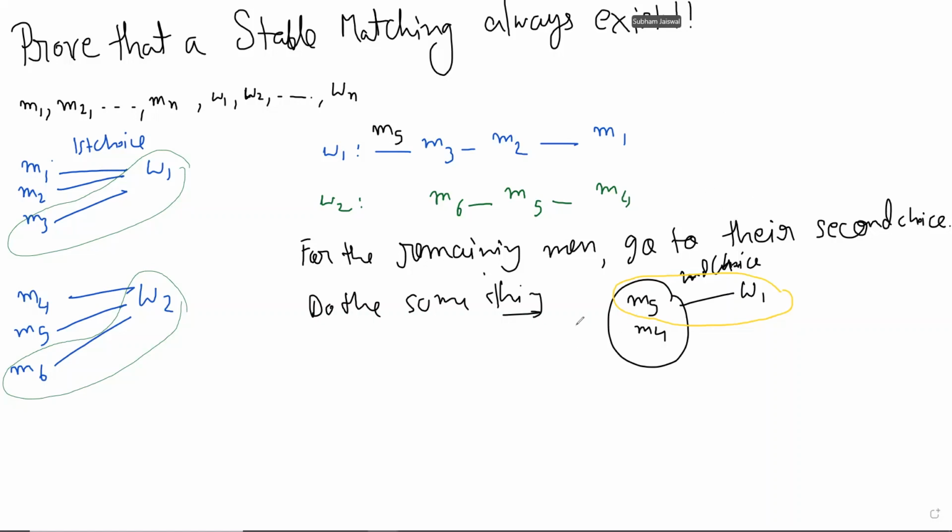Now the fundamental question is, before we even ask about stability, whether in the end you will get a stable matching or not. The first question to ask, which is maybe very easy to answer, is: at the end, do we get a perfect matching?